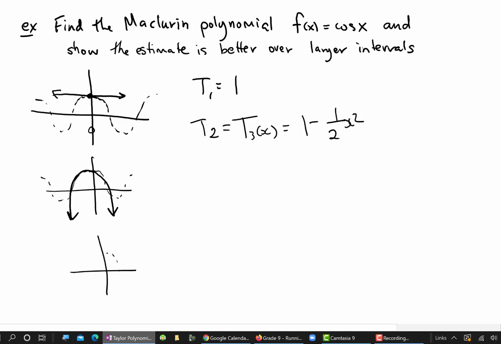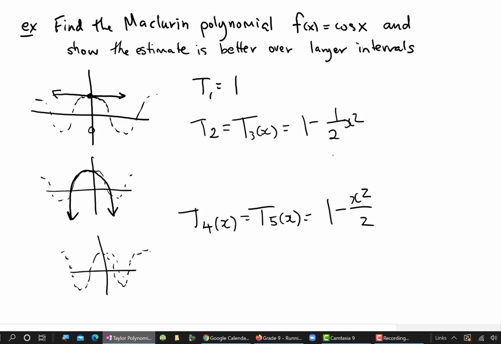If I take that cosine wave and I go look at the next ones, which are T4 and T5, it turns out that these ones become that one, and then I add some more to this, and it becomes a degree 4 equation.